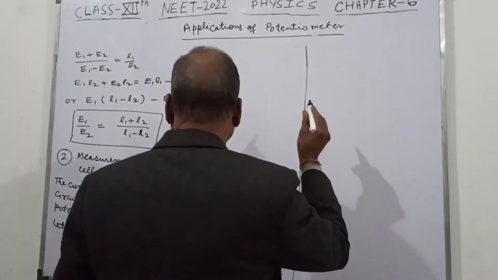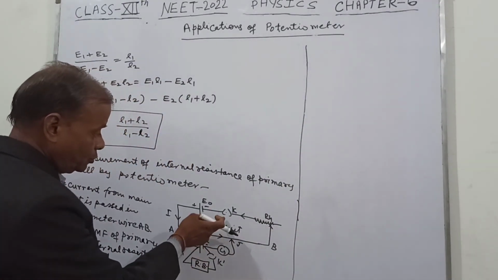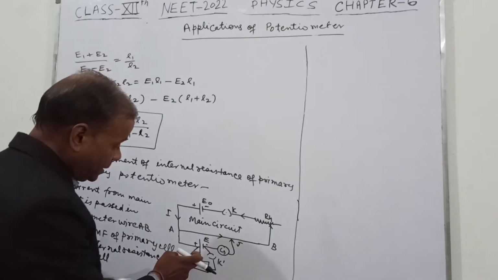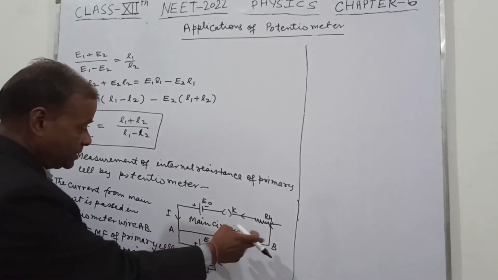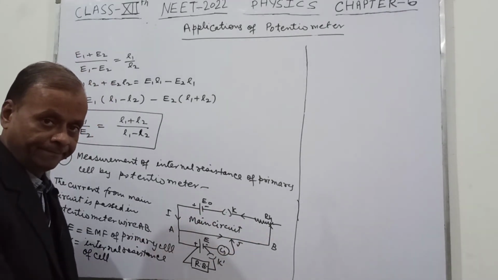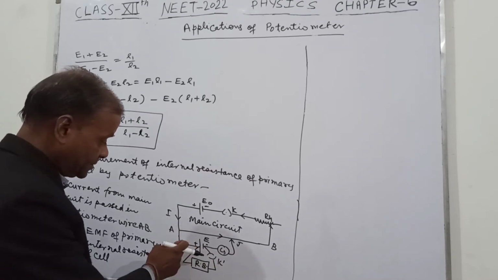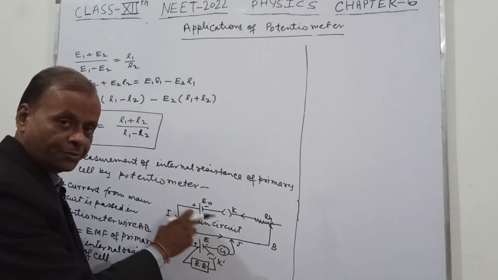So what we do? Now here we are having two keys K and K dash. First we keep this K dash open and then K is closed so that the current is passed in the wire AB. When key is kept open, then this cell is in open circuit.